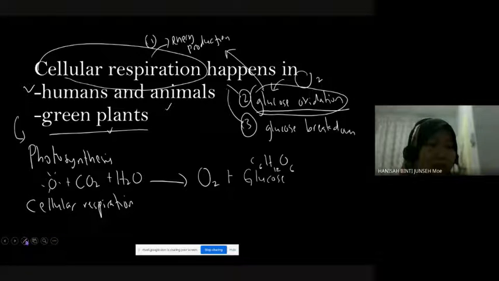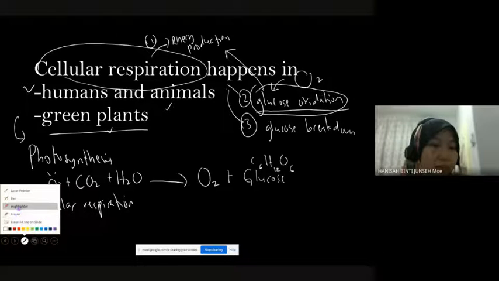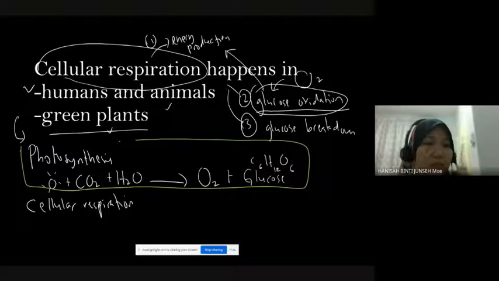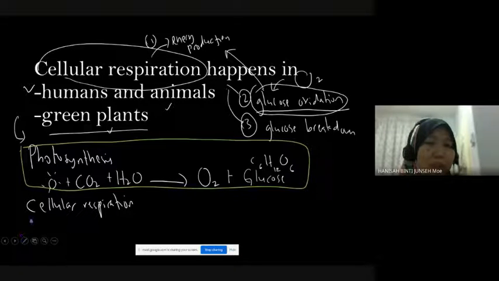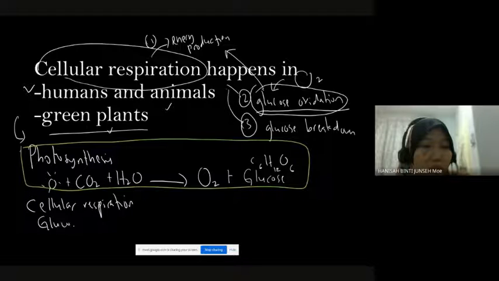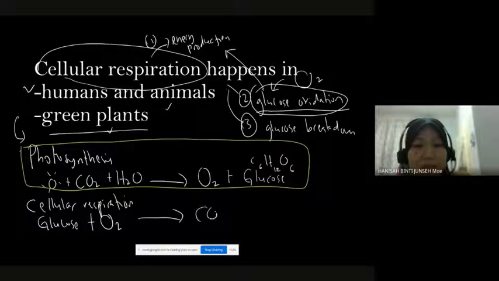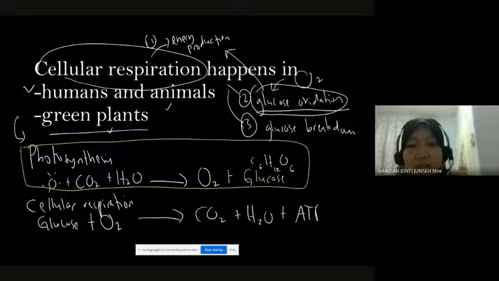Sekejap ah. Kasi beza dulu. Box. Now we're talking about cellular respiration. Apa tadi? Cellular respiration is glucose oxidation. What is glucose oxidation? Glucose plus oxygen. We haven't discussed this yet, but after glucose oxidation, or after cellular respiration, we're going to get carbon dioxide, water, and of course, energy in the form of ATP.